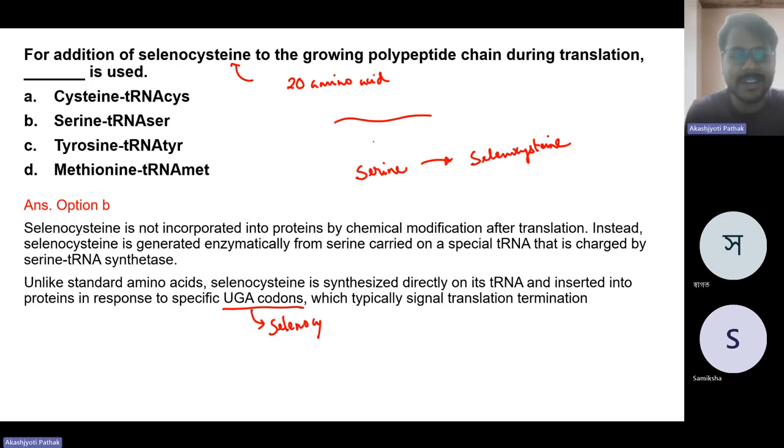Okay. This is actually a good question. There is a mechanism for how it exactly takes place. I have to read about it. I also don't know, so I will read about this and let you know. But there is a particular mechanism which takes place, and by this mechanism it is taken care of when translation has to code for selenocysteine and when it has to stop.